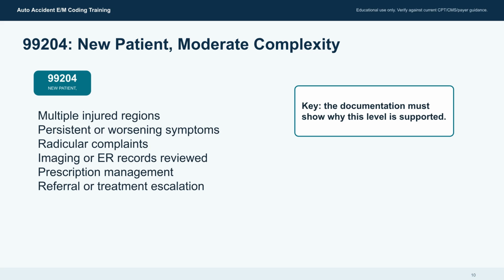There may be prescription medication management, referral to a specialist, ordering of additional diagnostic testing, or a more involved treatment plan. A 99204 requires documentation that clearly supports moderate complexity. It should not be selected simply because the visit took place after an accident.